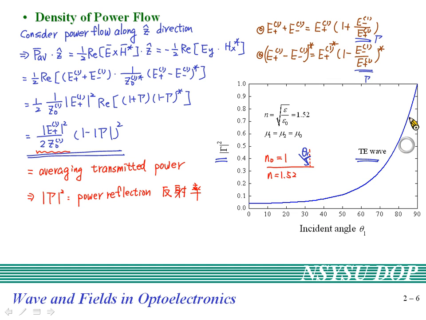From this curve you can see that first, as theta 1 is increased, the power reflection is also increased. Besides, you can find out that for the TE wave here, there is no situation where the power reflection is 0.